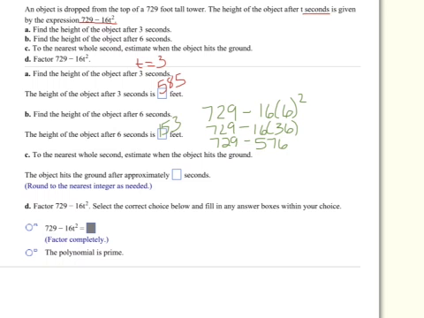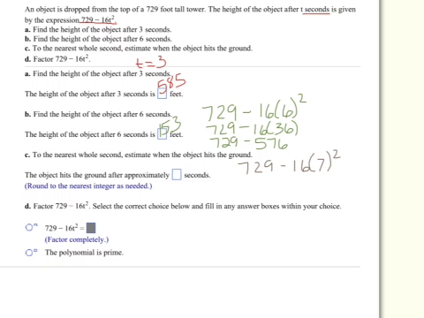Now in part C, they want us to estimate when the object hits the ground. So when is this object 0 feet from the ground? Well, I can see that after 3 seconds it's closer to the ground, after 6 seconds it's even closer. So I'm just going to keep trying numbers until I find a number that makes it equal 0.